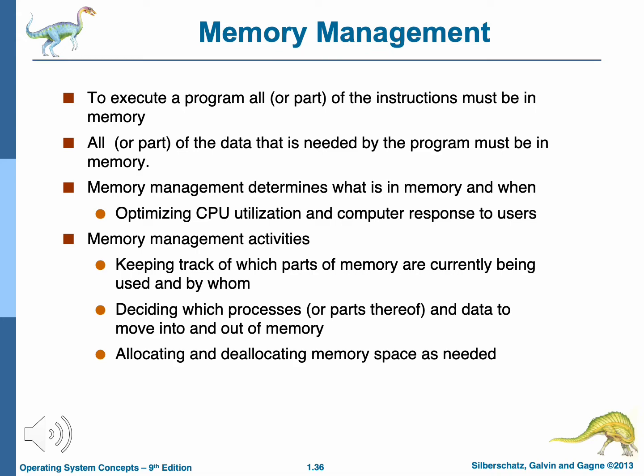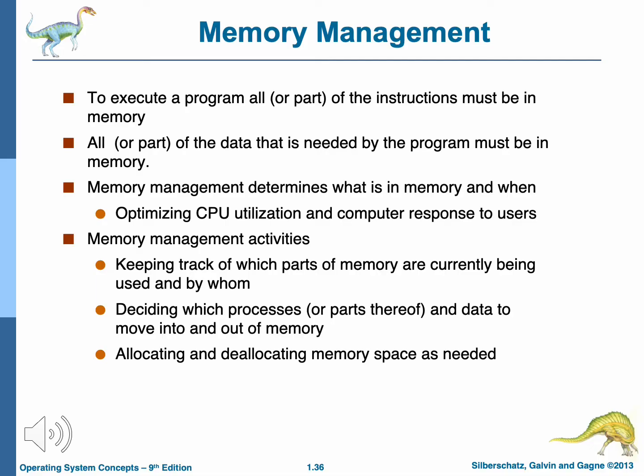For a program to be executed, it must be mapped to absolute addresses and loaded into memory. As the program executes, it accesses program instructions and data from memory by generating these absolute addresses. Eventually, the program terminates.